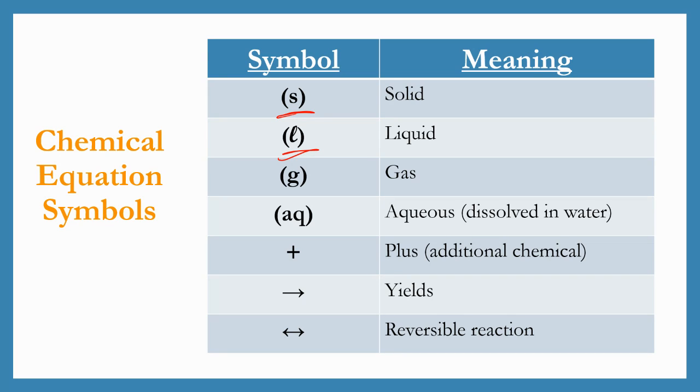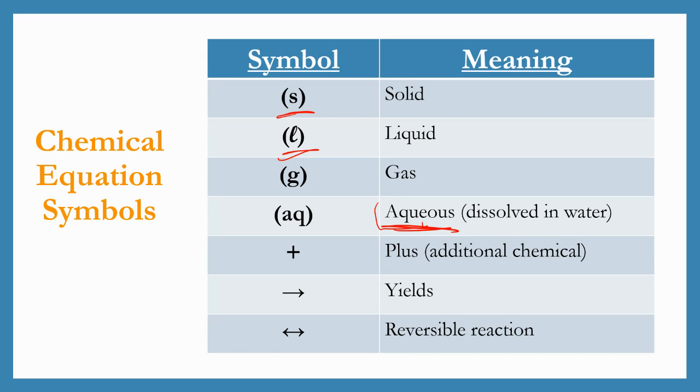Is it a liquid? I'll try to use a cursive L because a lot of people think the other L is an I or a 1 or something. A lowercase g is gas. AQ stands for aqueous. That's the actual word, but what it means is dissolved in water. You can write aqua. You can kind of see that root there.